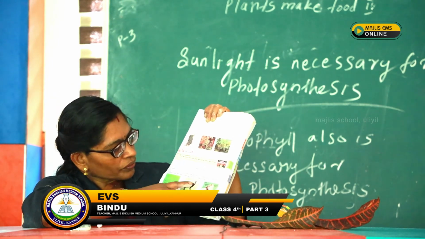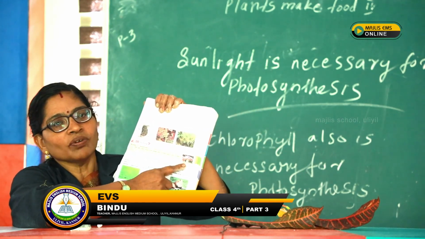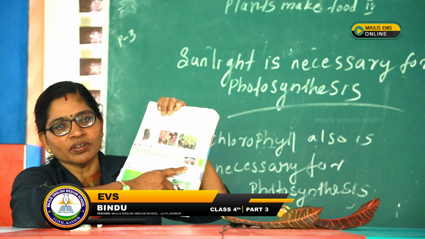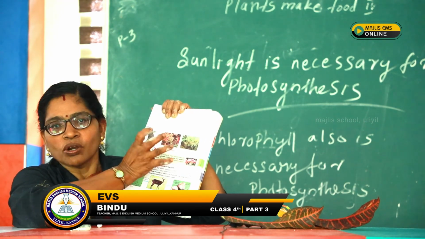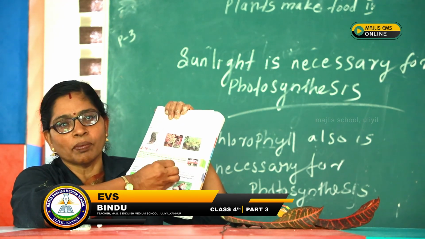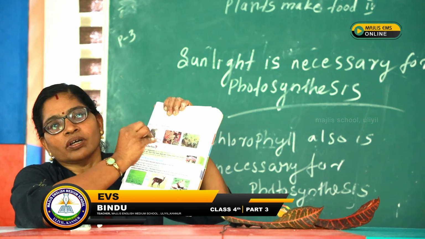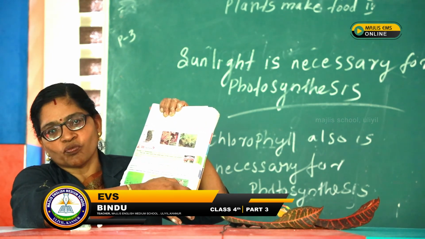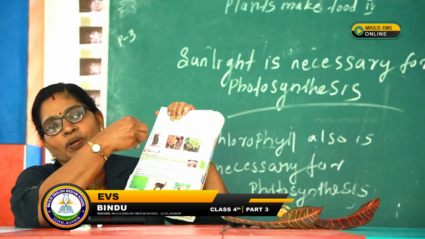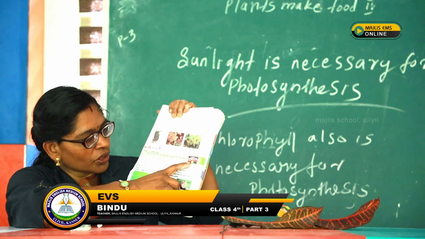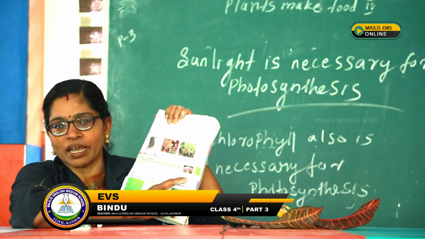Here you look, what is this? This is mushroom or mold. They are plants, but they don't make their own food. They depend on other plants for food. They are not considered plants.